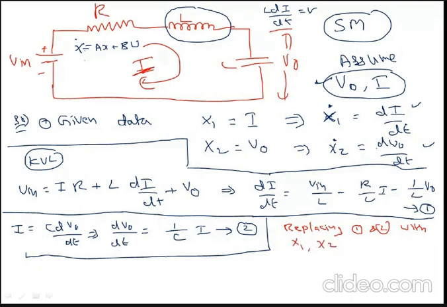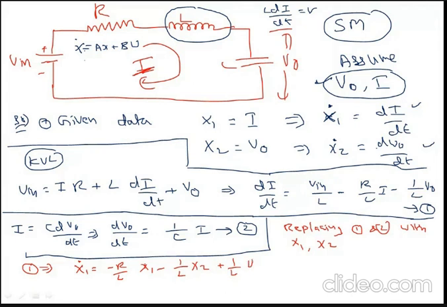Then you will get two new equations. What are the two new equations? One equation you will get, from equation 1, is x1 dot is equal to minus R by L into x1 minus 1 by L into x2 plus 1 by L into V in.